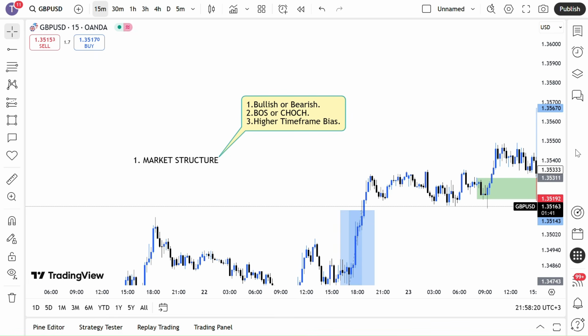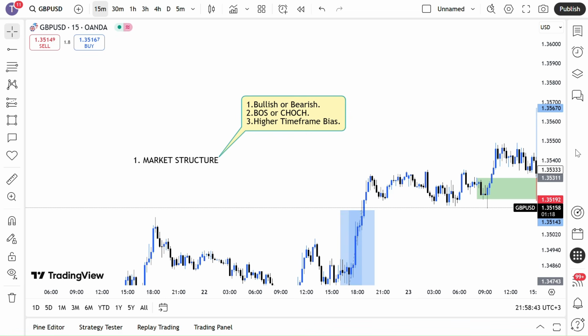You should know what the market is doing. If it is in an uptrend, you should mark the higher highs and the higher lows. And if it is in a bearish trend, you should mark the lower lows and the lower highs.